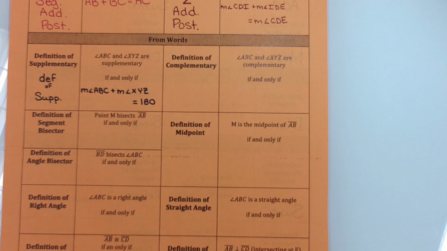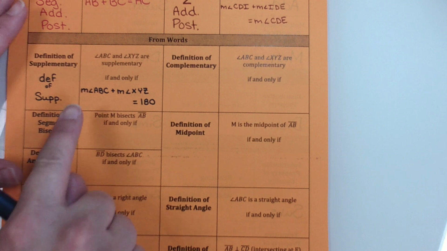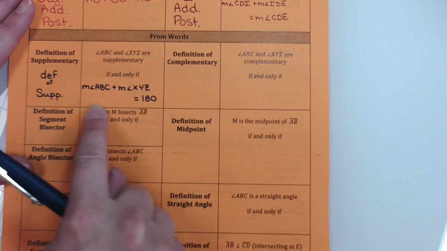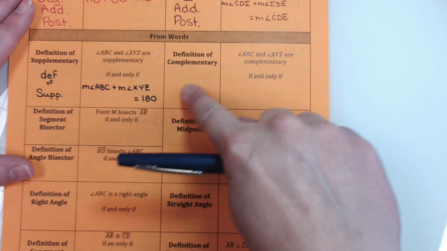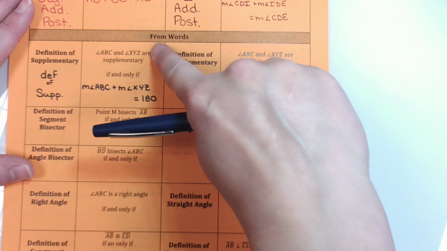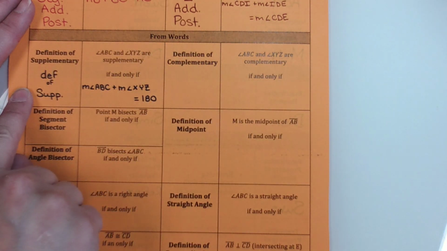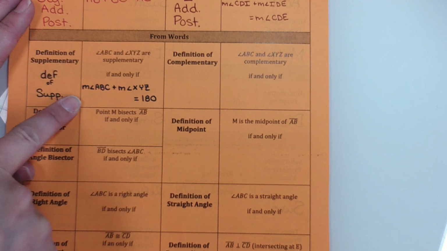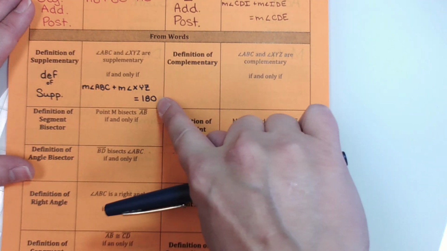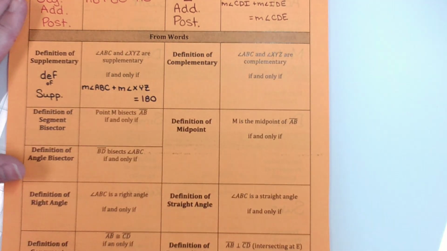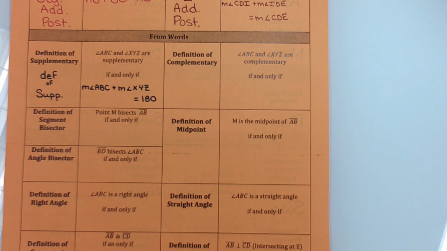So if I'm ever given a proof where I'm asked to prove something is supplementary, first, I get this, and if I get this, I can say they are supplementary by definition of supplementary. I can be given this and get this. I can be given this and get this. That's what the biconditional means, is I can go both directions with them, unlike other things.